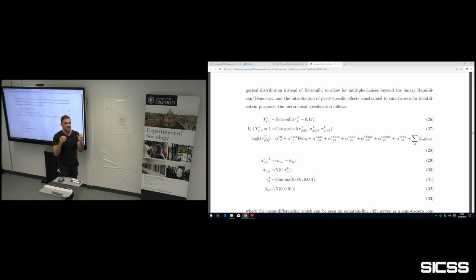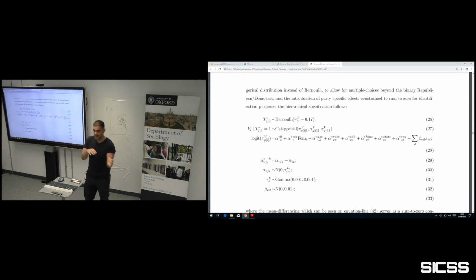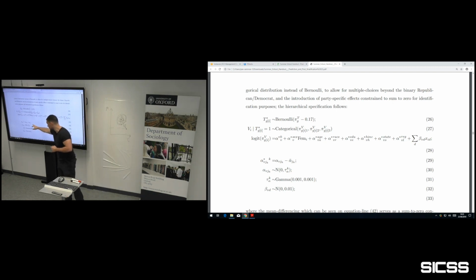The idea is that if you have party-specific effects and you have multiple parties, in a binomial model there is already a sum to zero constraint, because the effect for one party is immediately against the other. Here we have to introduce that by hand. And so you can just have this sum to zero constraint. Sum to zero can also be repurposed as the mean. This alpha bar is just the mean of the choices.